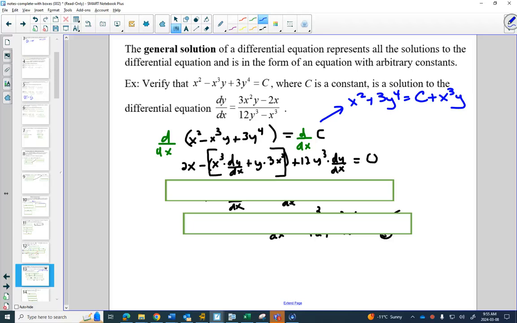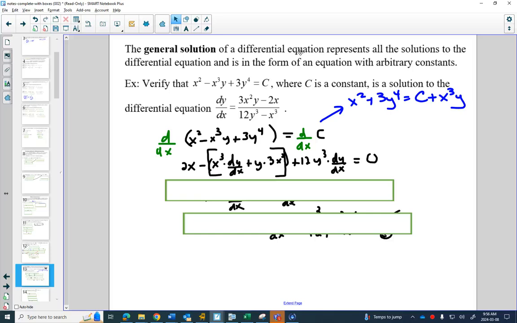Then I don't have to worry about that big set of brackets and distributing the negative. This little step of moving that x cubed y to the right-hand side earlier saves you a whole bunch of hassle. You don't have to worry about distributing the negative later. It'll just happen naturally. It might make your life easier. However, we are also creatures of habit, and if you see implicit differentiation, you probably just jump right into it without thinking about the negative. Then you have to deal with that. So either way is fine.